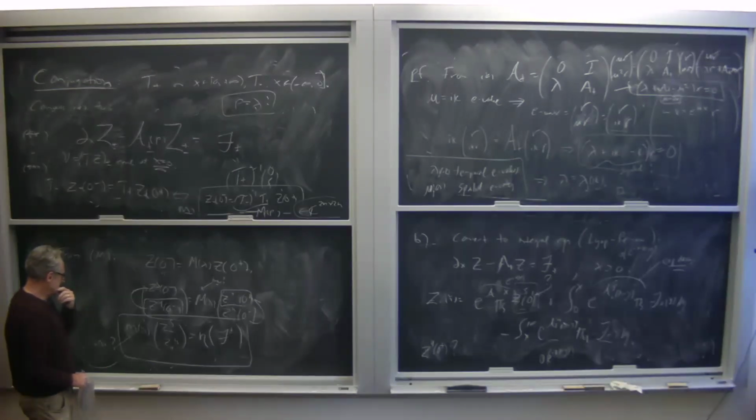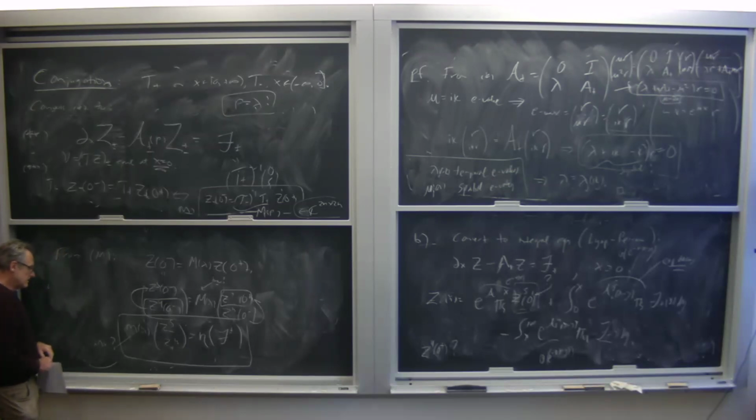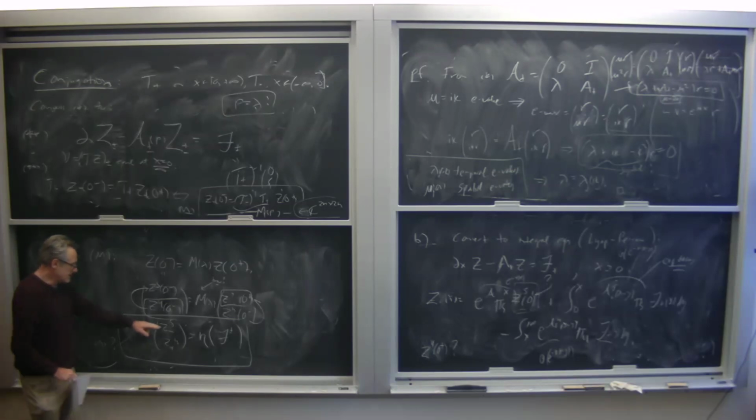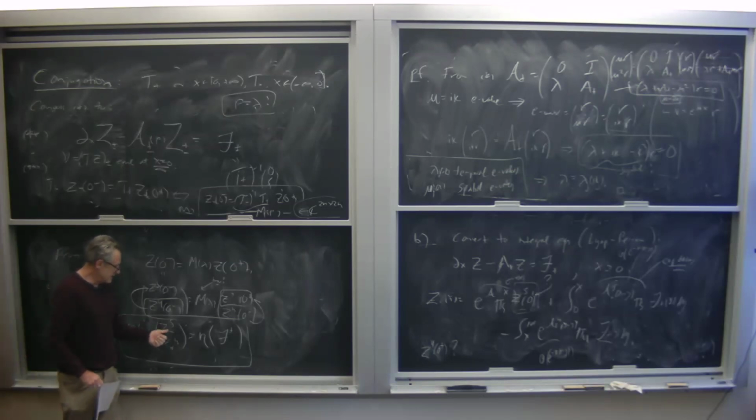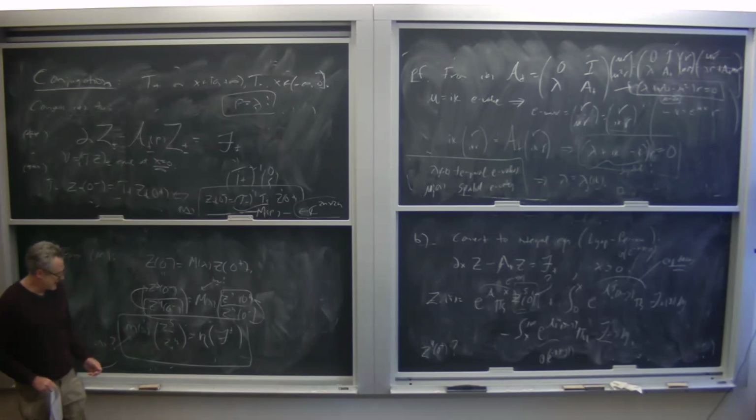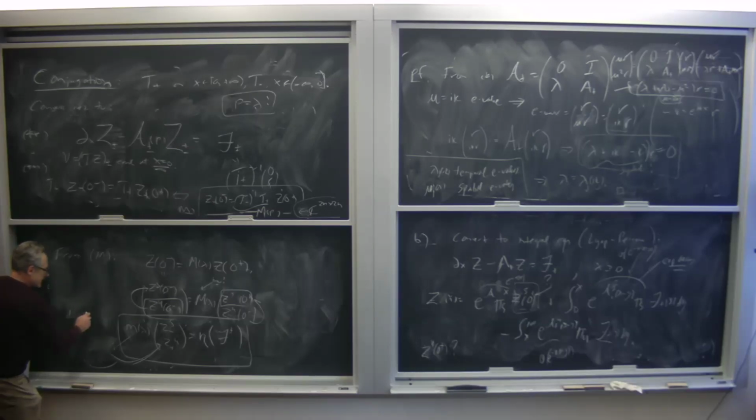Is that exactly right? Let's see. Well, basically, I need that these two dimensions add up to n. This is what I need. I need that dimension of the stable subspace plus dimension of the unstable subspace on the plus side.